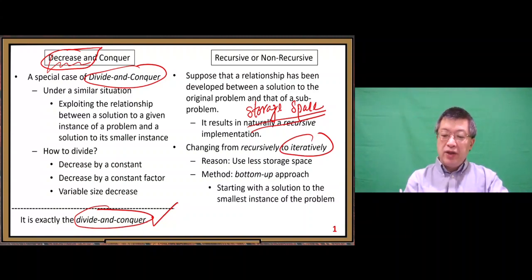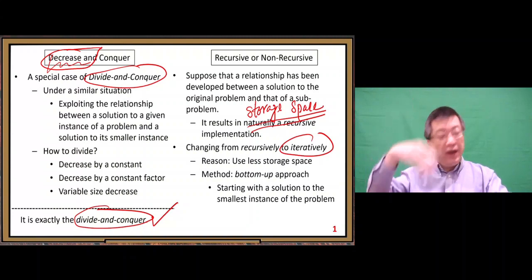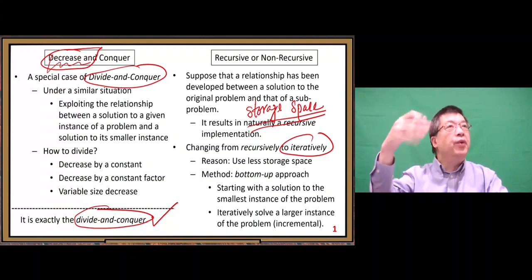You start with a solution for base cases. Recursion will have base cases. For Fibonacci, 1 or 2, two base cases. So usually you have some base cases you can start with. From there, based on the recurrence relation, you compute iteratively.